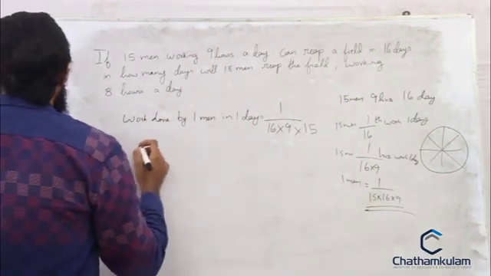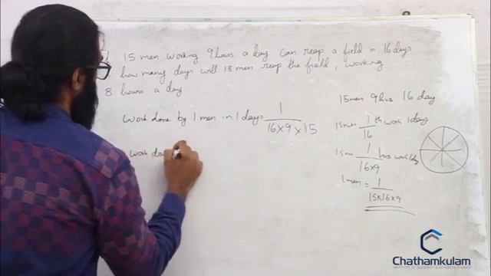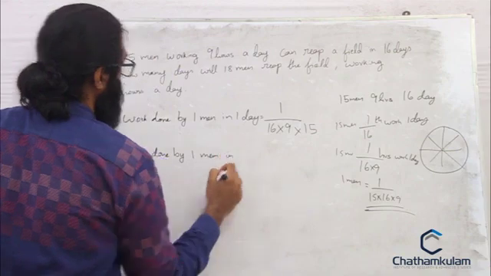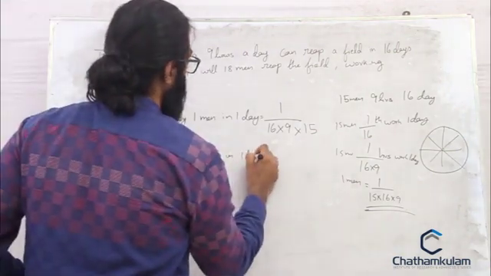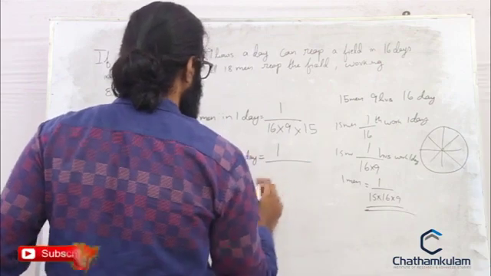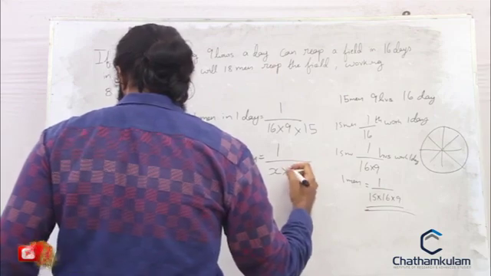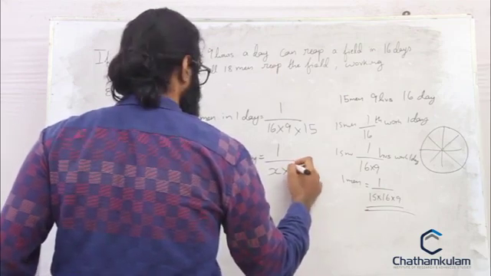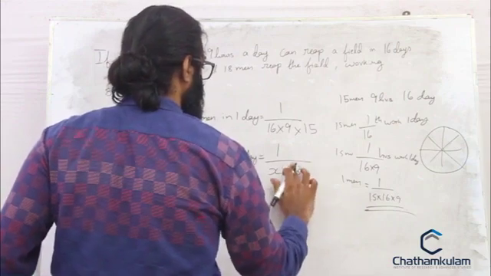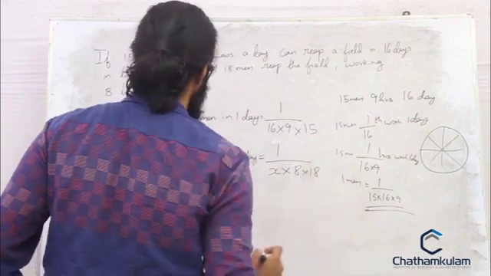So we can write this as work done by one man in one day equals 1 by x into 8 into 18.